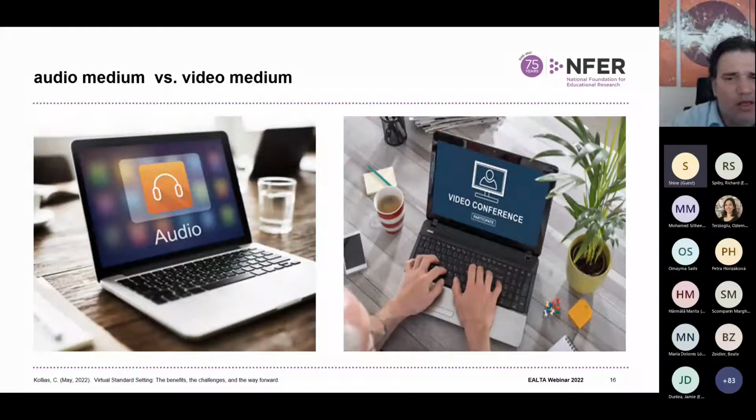I wanted to compare and contrast two virtual media, the audio medium and the video medium, in a synchronous environment, one lasting approximately 6.5 hours. To my knowledge, it hadn't been done.